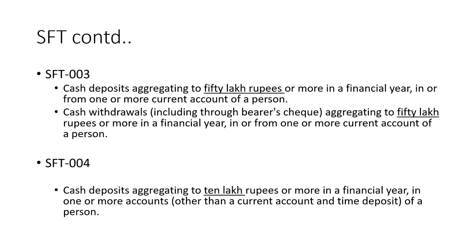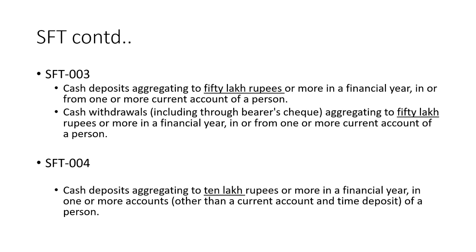Cash deposit aggregating to 50 lakh rupees or more in a financial year. If anybody deposits more than 50 lakhs in the financial year, the information is required to be submitted by the concerned bank, and it will appear in this 26 AS under this code.